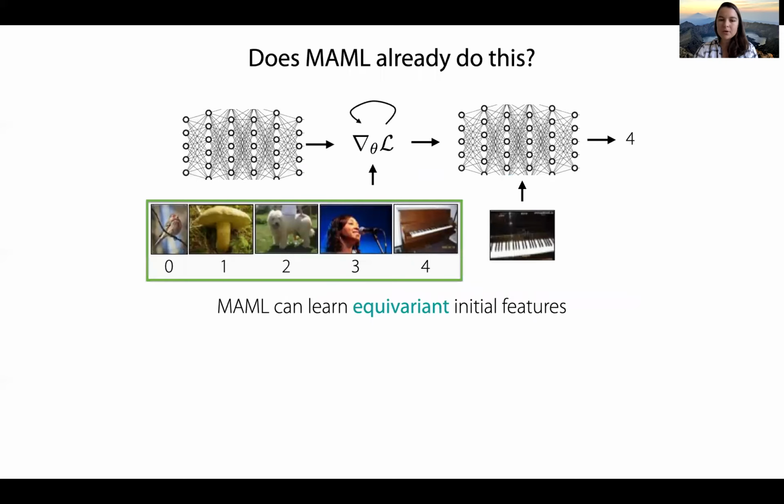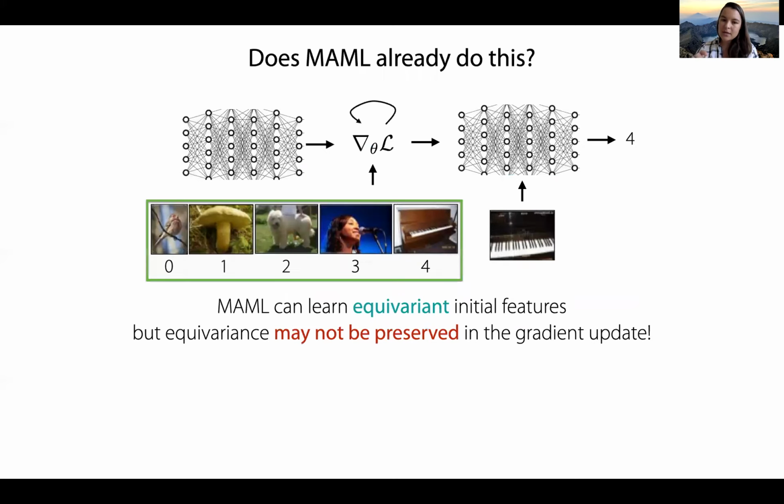Well, MAML can learn equivariant initial features or invariant initial features, such that the initial parameters exhibit certain kinds of equivariance, but the equivariance may not actually be preserved in the gradient update. So the updated network may no longer preserve some of those properties that we would like. So essentially, MAML can't extract this sort of structure in a way that is preserved both in the initial parameters and in the latter parameters.